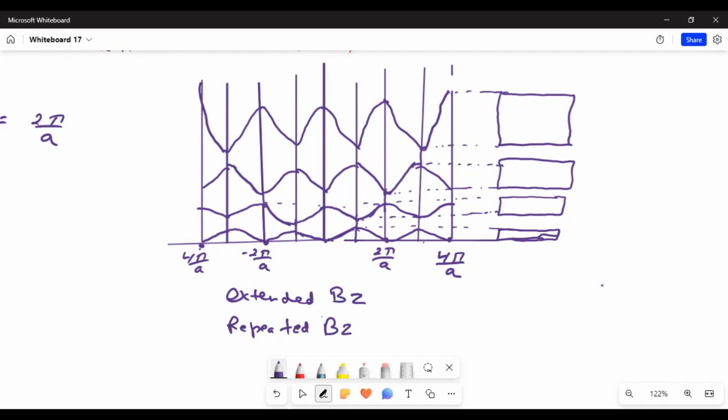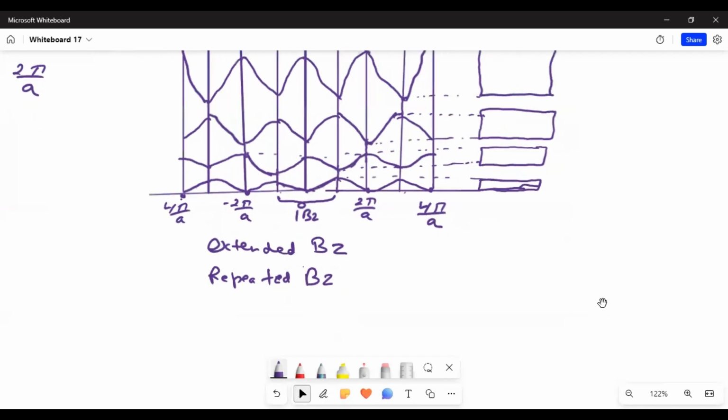But still it is symmetrical all over. And we know that if we plot only the single zone, the first Brillouin zone, it is identical because it is repeating. So all the information that is there is also available in the first Brillouin zone itself. This picture is called the reduced Brillouin zone.